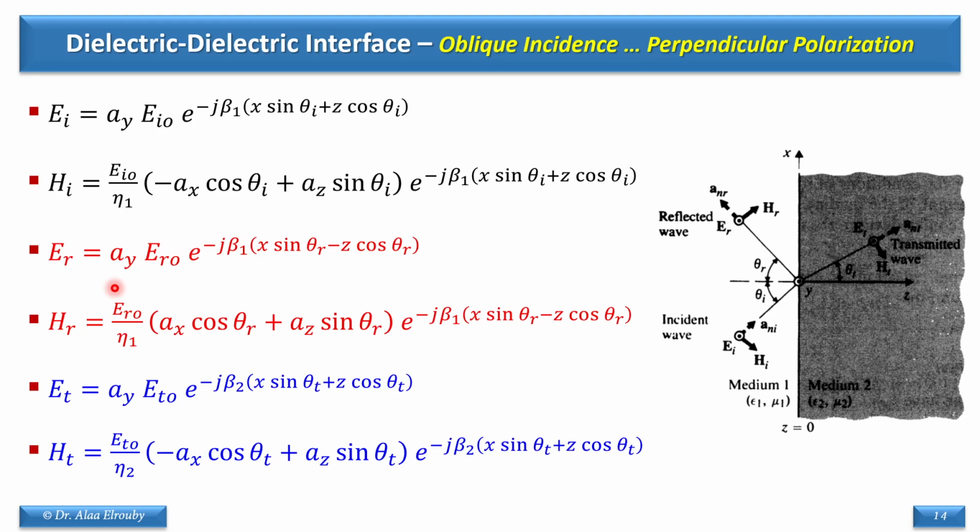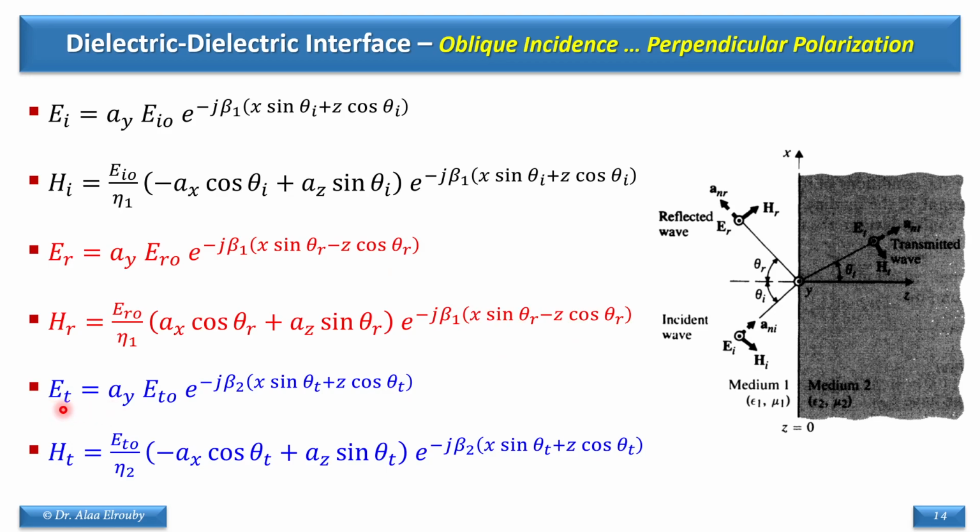For E reflected, it has a component in the positive x and a component in negative z. So the wave propagating in the z direction is in the negative z, and the wave propagating in the x direction is in the positive x. Again, we write the expression for H reflected, with the same propagation complex term.